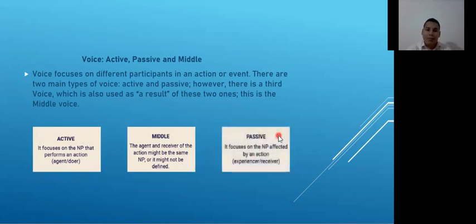Let's go to passive voice then. It focuses on the noun phrase affected by an action. It's the experiencer and the receiver. It's totally the opposite to active. They are opposites. Okay, and middle voice, as I mentioned, is not defined sometimes. We'll see some examples so you can better understand this, all right?